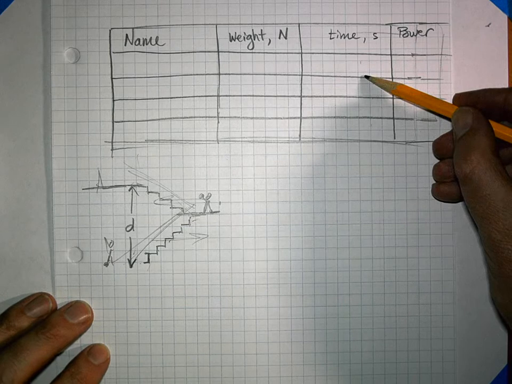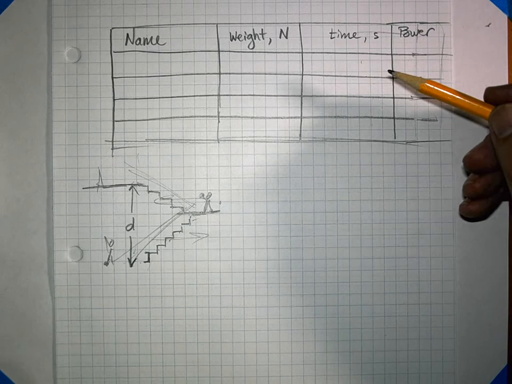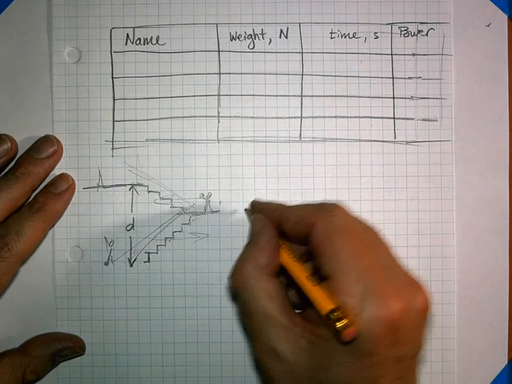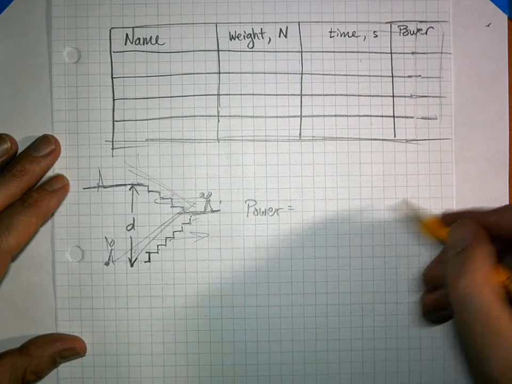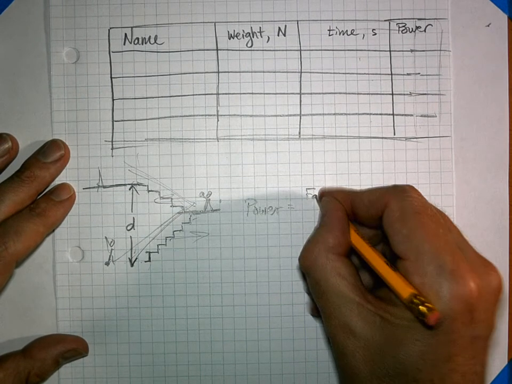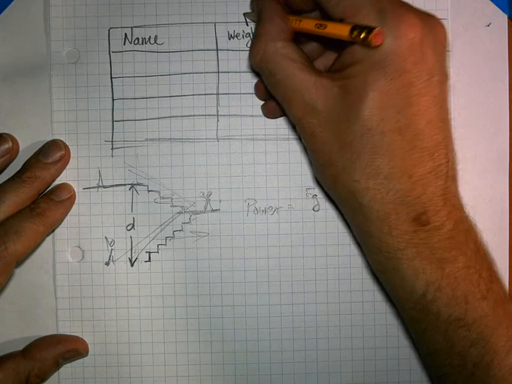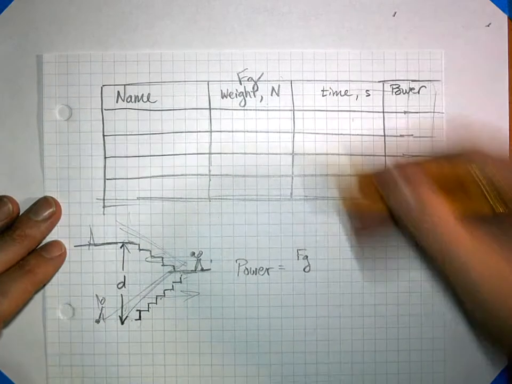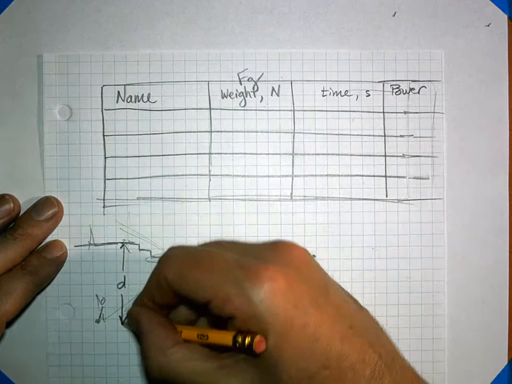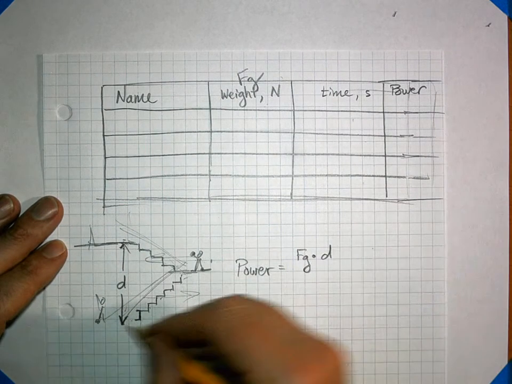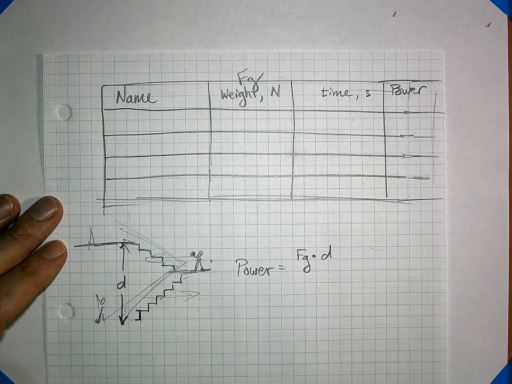Okay, and then you're going to figure out your power. You're going to figure out how much work it took, which is the force of gravity, your weight. Take your weight in newtons, multiply it by this height, this distance that you apply your weight through as you climb to the top of the stairs, and divide it by time.